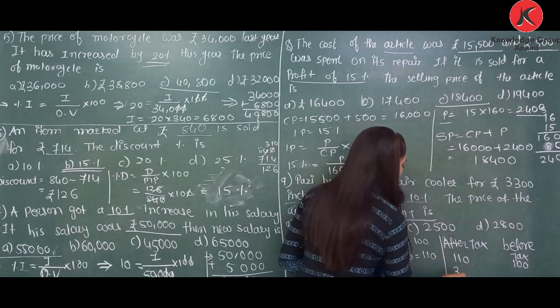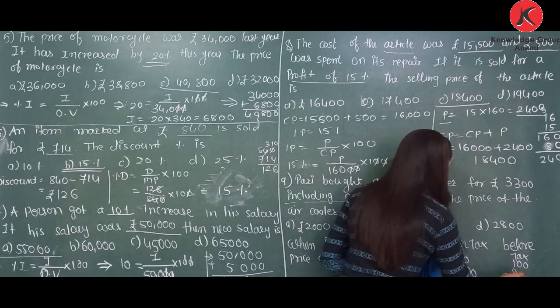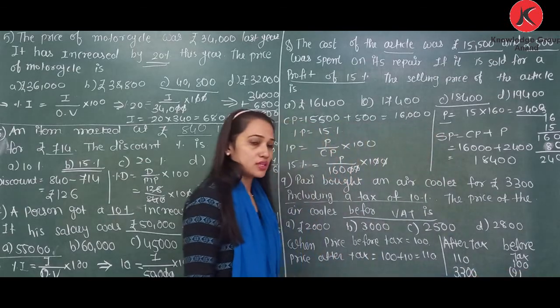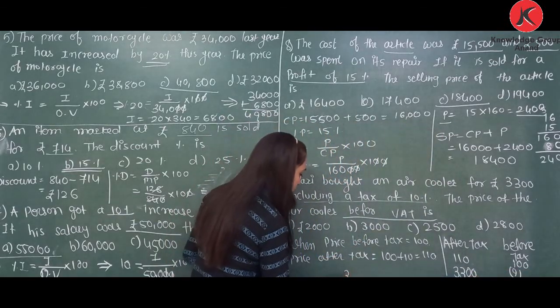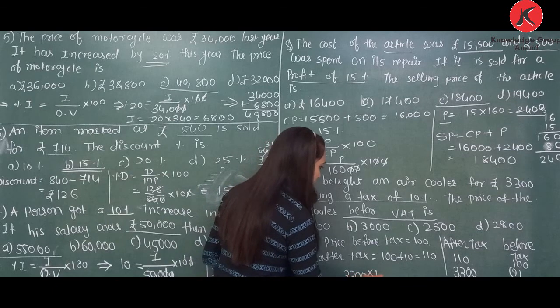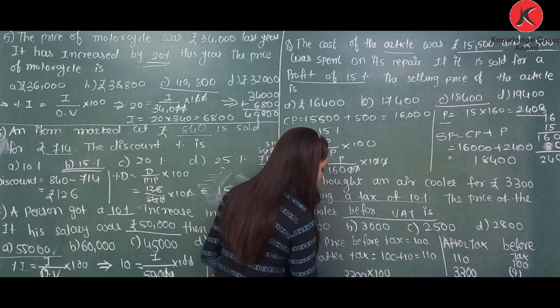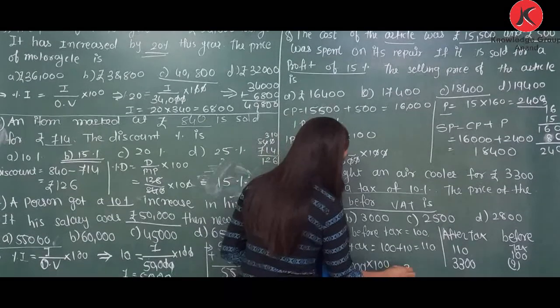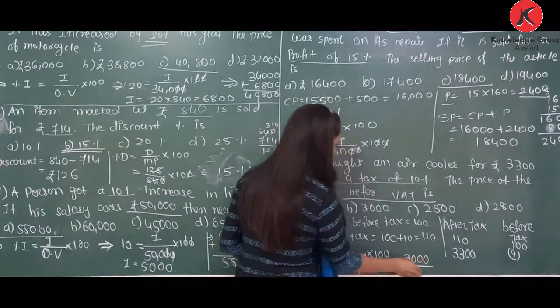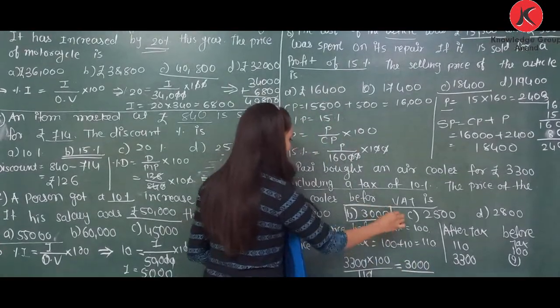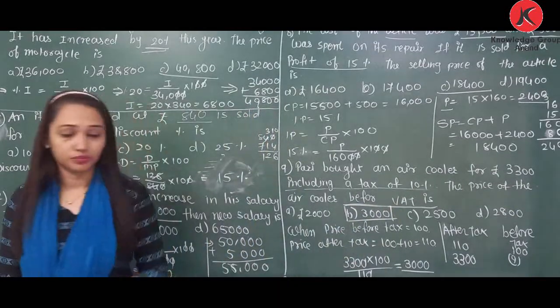So when price after tax is 3,300, what is before tax? So we can multiply 3,300 multiply 100 divide by 110. So that will give 3,000. So answer B, that is our answer.